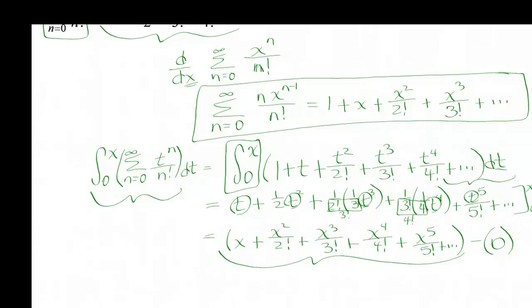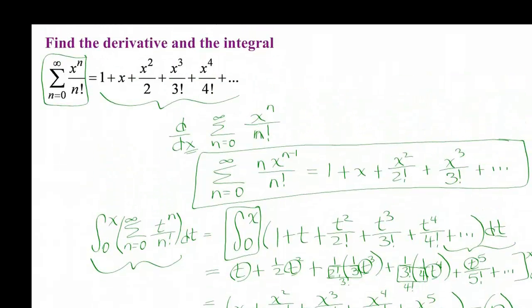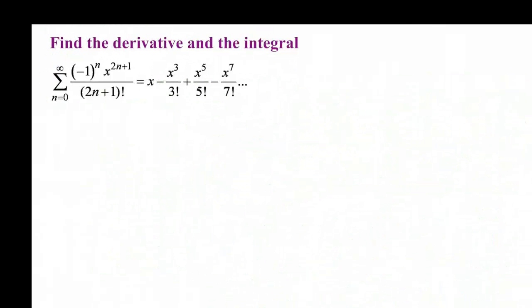All right, let's do one more. We'll do one more example of taking the derivative and the integral. We will take the derivative with respect to x of the general term, just because I want you to see that one more time. And so we want the derivative with respect to x of -1 to the n. That's just a constant. We're differentiating with respect to x.